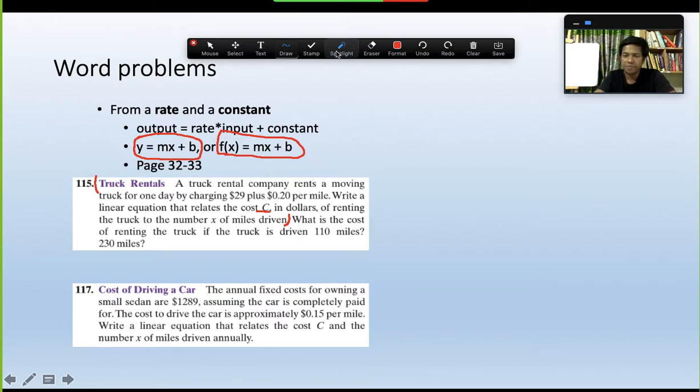Now you see, this looks like something from a real life situation. Let me give you one. Suppose you have $20 now with you, and your mother said that she will give you $10 every month.